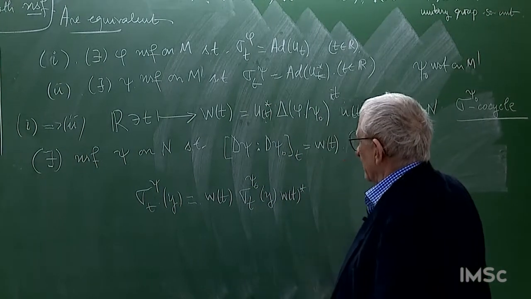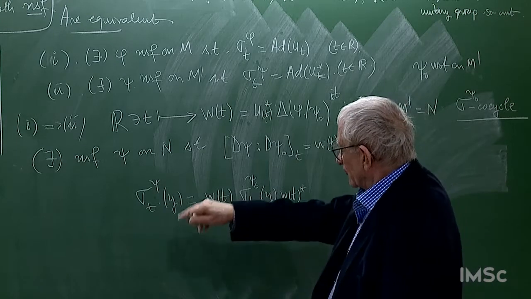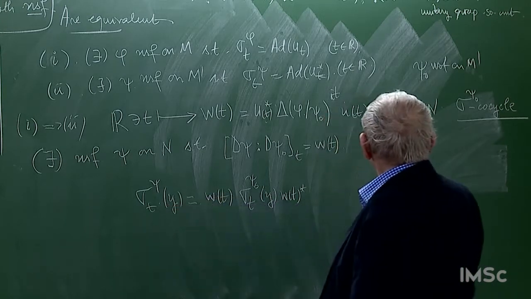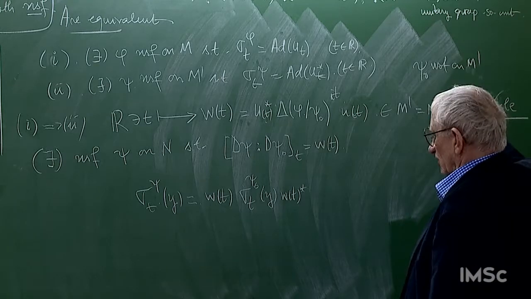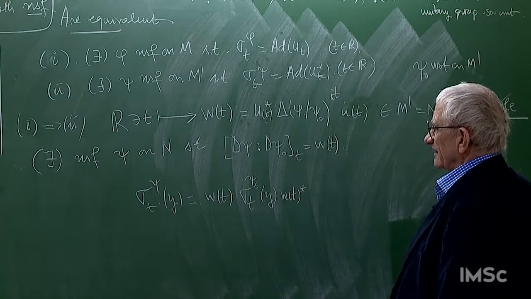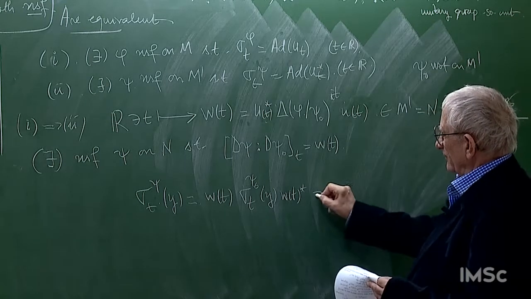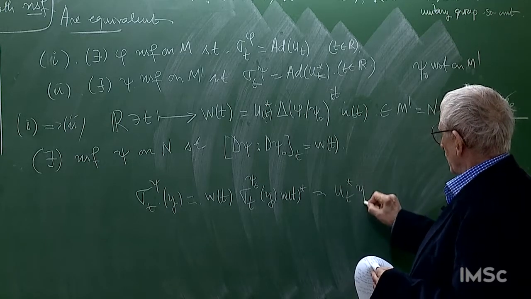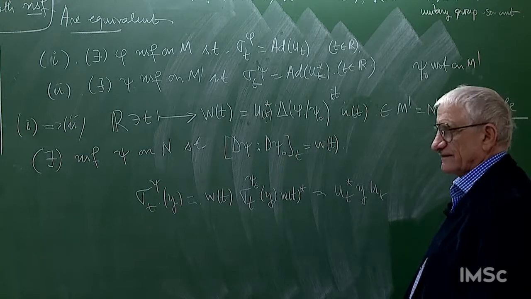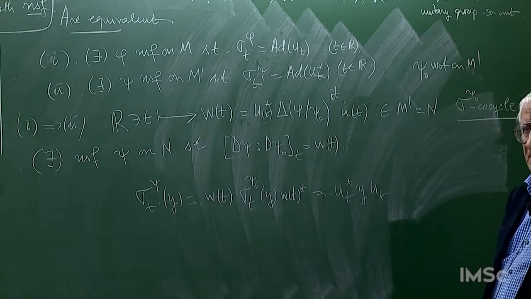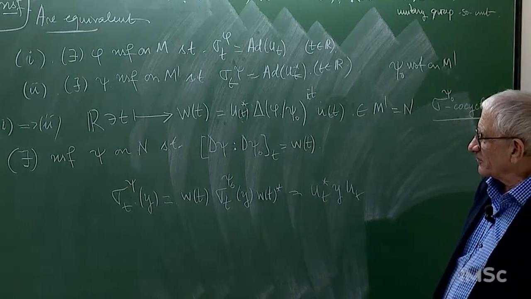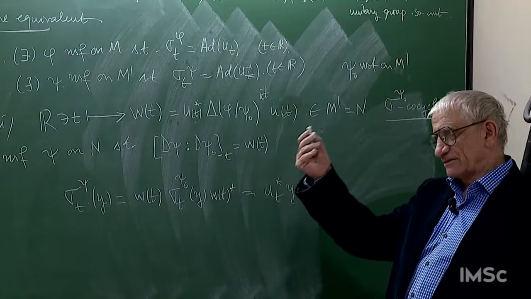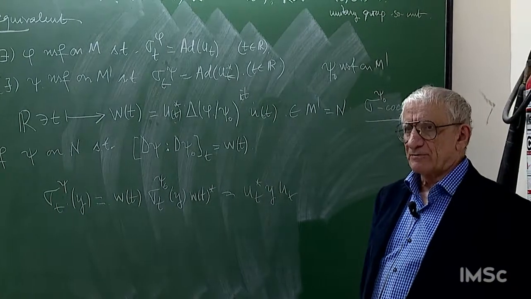This is simply because this is a cocycle, sigma t psi 0 cocycle, and this, if you do the computation, is u t star y u t, and that's the end. So that is a very simple proof, but based on a very strong theorem.